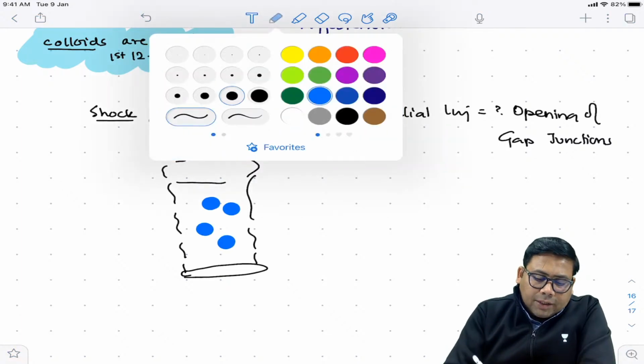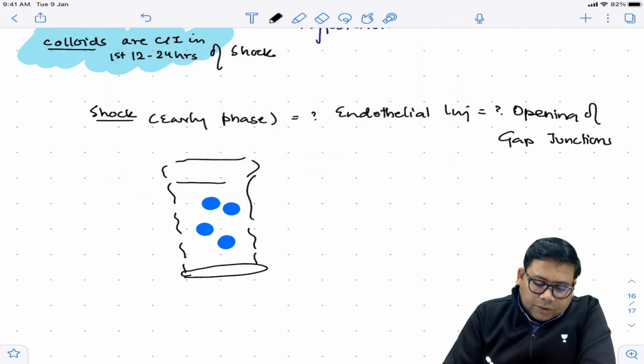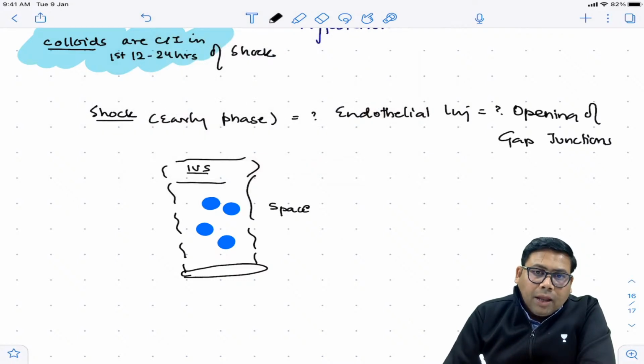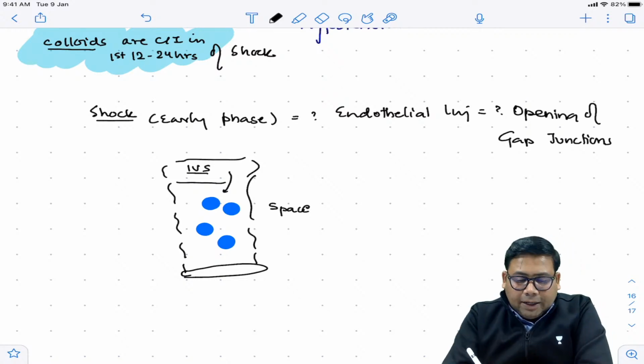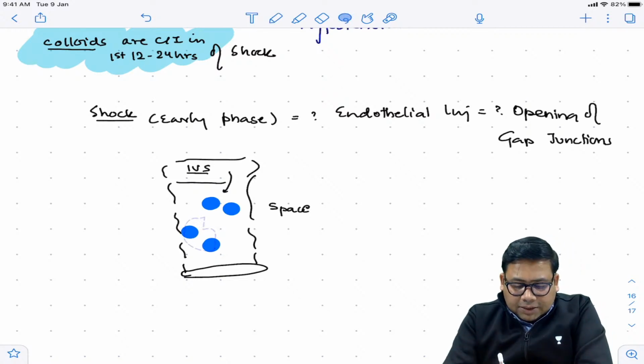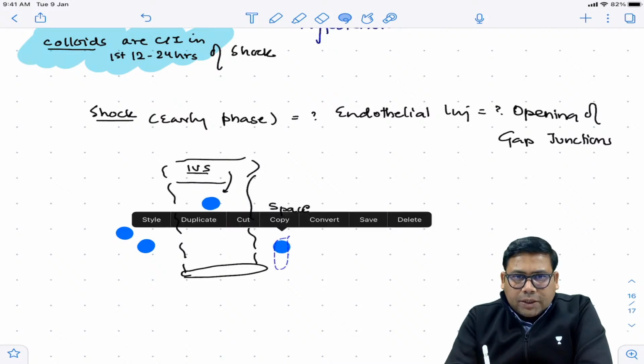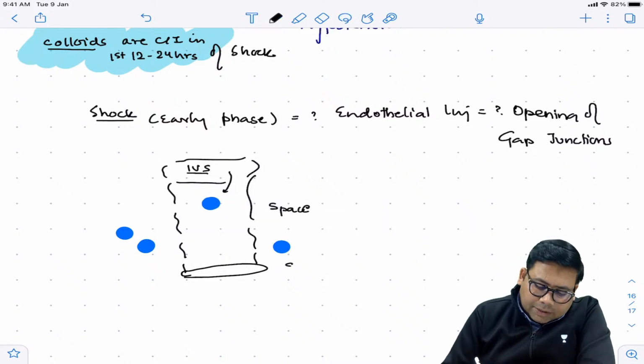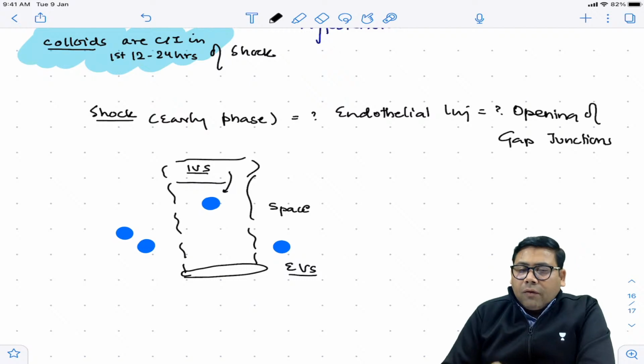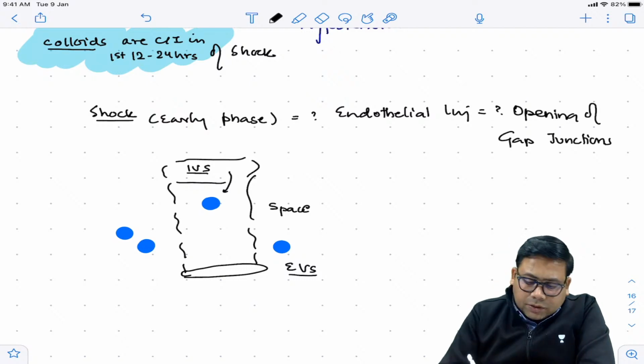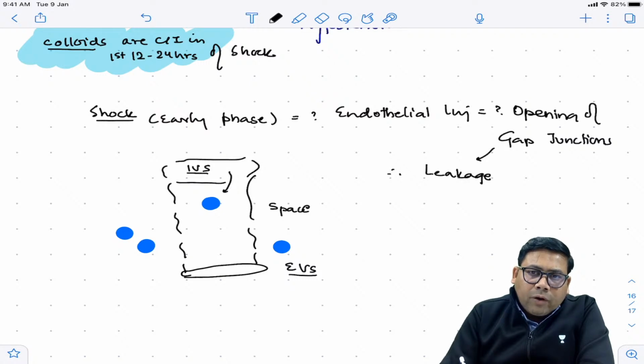Now try to understand by nomenclature. Let me tell you, this is the intravascular space, this is the extravascular space, and there is no fault of yours. The only thing is that you were not understanding the concept, and these colloids might leak out from the intravascular space into what space, students? Extravascular space. Now, when colloid leaks into the extravascular space, so now there is leakage due to opening of gap junctions.